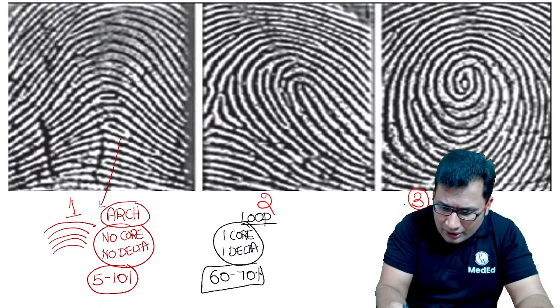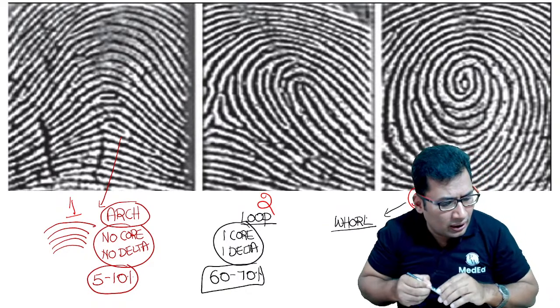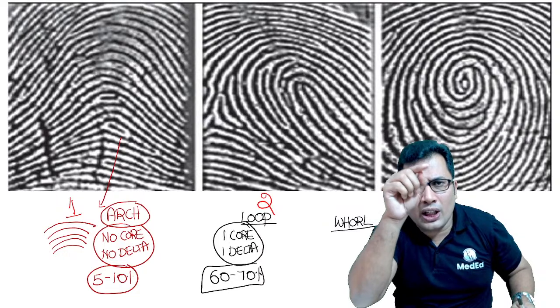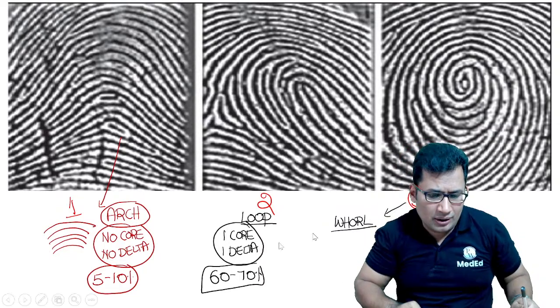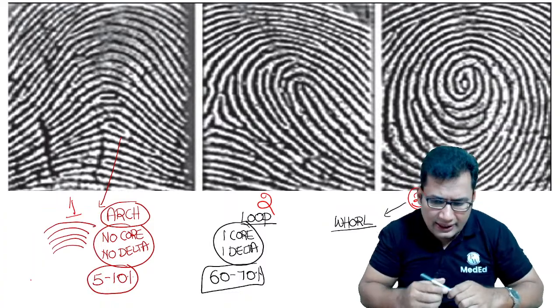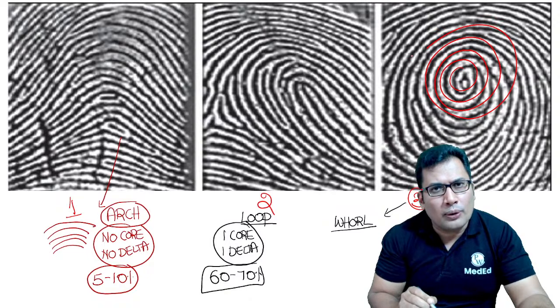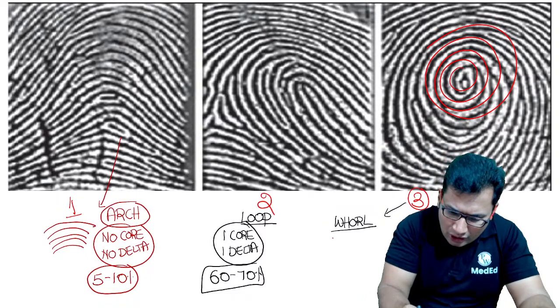The last one is the whorl. Remember, in whorl you will see one or two circles at the center, like this. And in whorl there will be two deltas.